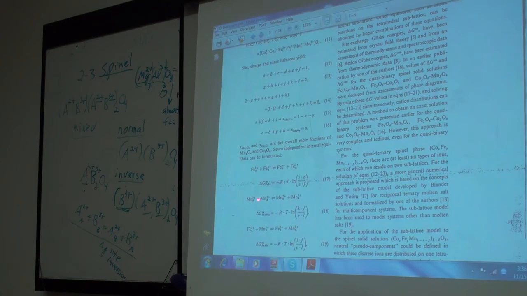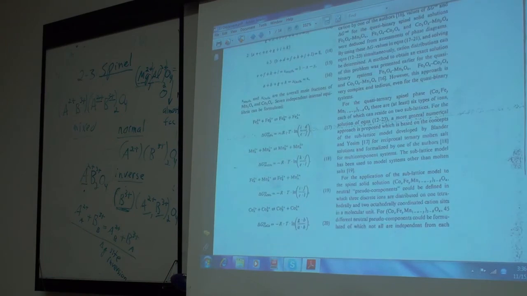Then we have a site exchange reaction for the manganese, 2 plus and 3 plus, and the delta G of that is minus RT log of the concentrations of these over these, so that's 4 more. Okay, and we have one between iron and manganese. We have a site exchange between iron 2 and manganese 3, and we have a site exchange between cobalt 2 and cobalt 3. The other ones between iron and cobalt and so on are not independent parameters because they're given by the differences of these. So we have the 4 independent site exchange reactions.